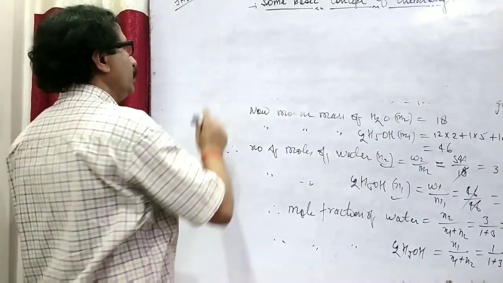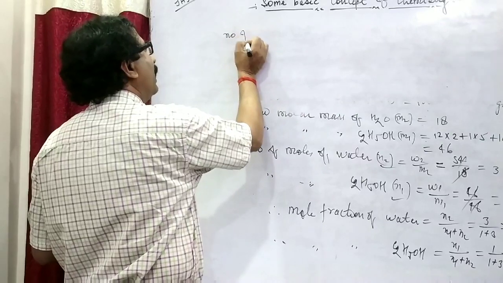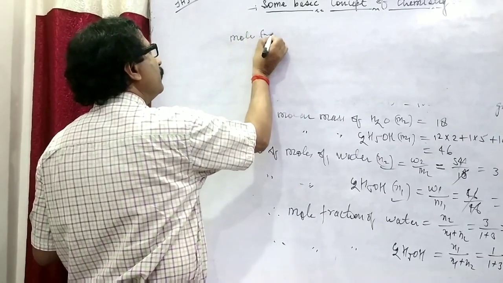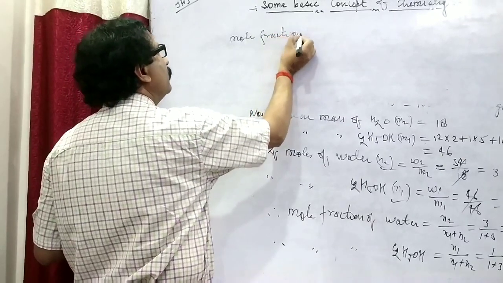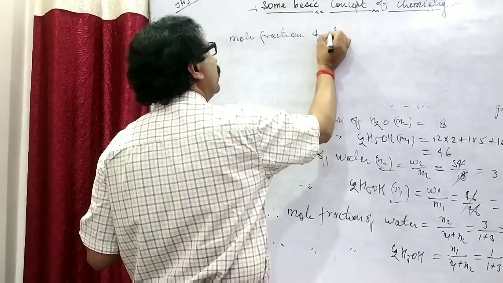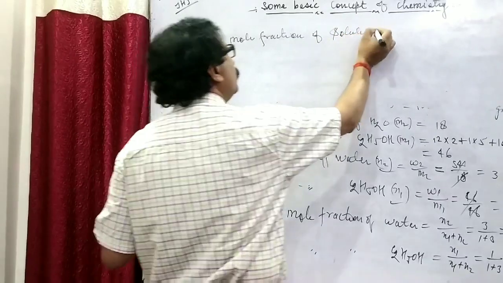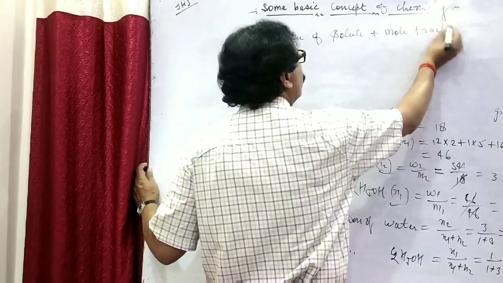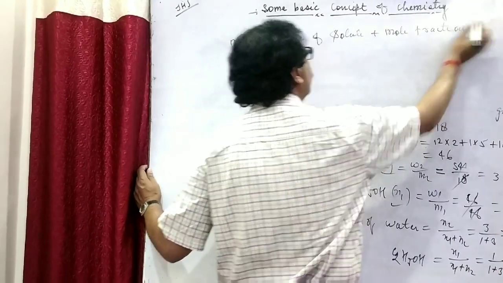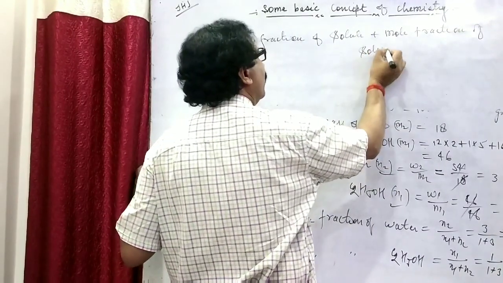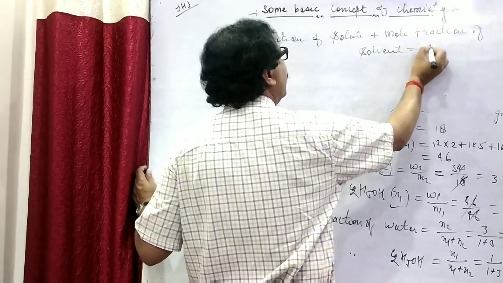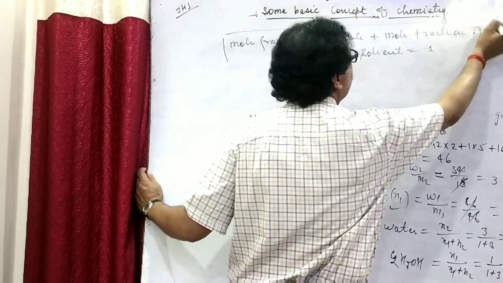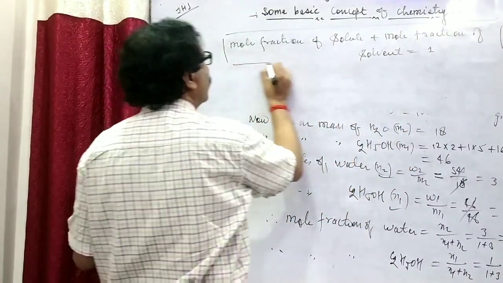For any solution, mole fraction of solute plus mole fraction of solvent must be equal to 1. It is an evergreen formula. You should remember it forever.